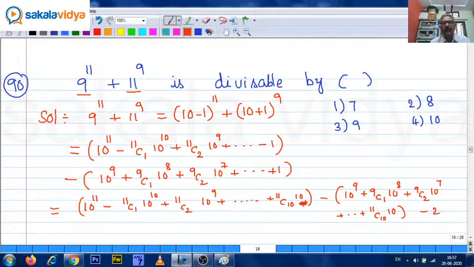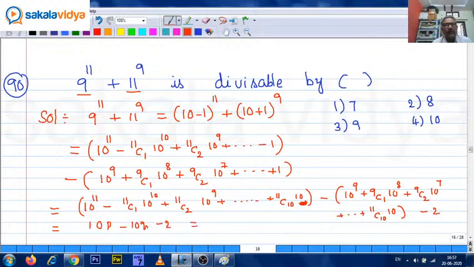Here what can you take common now? You can take 10 common. If you take 10 common, you can say 10p minus 10q, and minus 2.